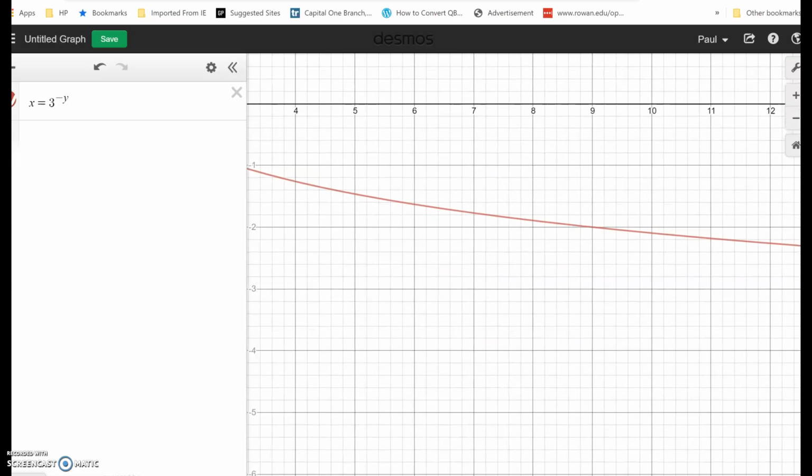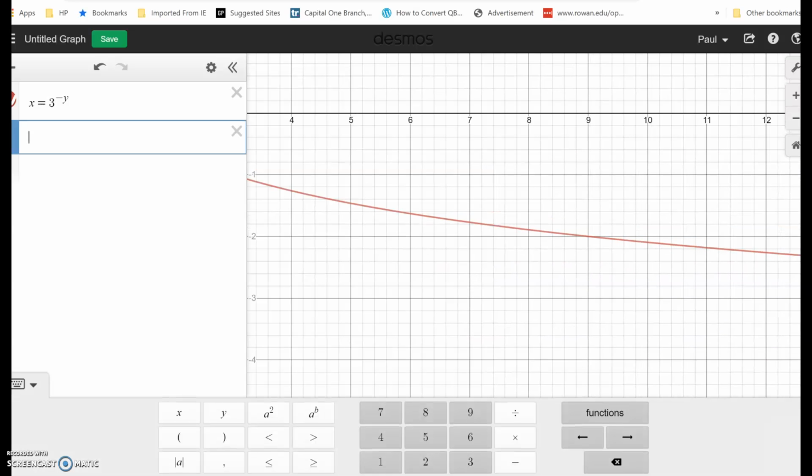Now this is extra, so you don't have to understand this. But going back to our work on inverses, let's just take a look at this. I'm going to put in what I think might be the inverse, maybe. And let's just see if it is. This is guesswork, and as such, it might very well be wrong.